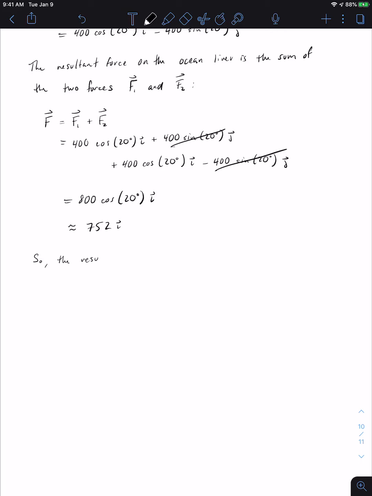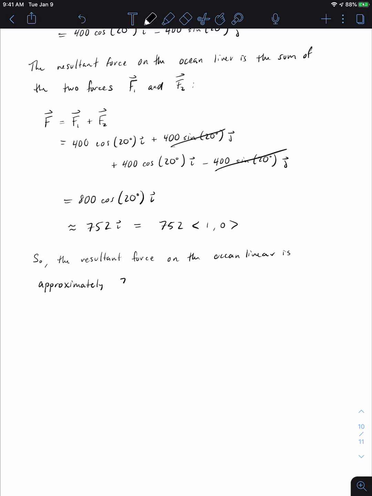The resultant force, I could think about this even as 752 times <1, 0>, because that's what 752i is. So the resultant force on the ocean liner is approximately, and the reason I like to write it like this is I see that this is a scalar, and the scalar means the magnitude, which is why I know it's in pounds.